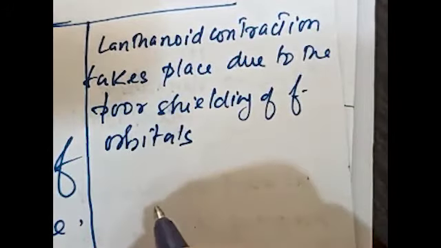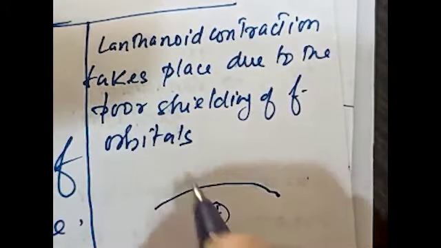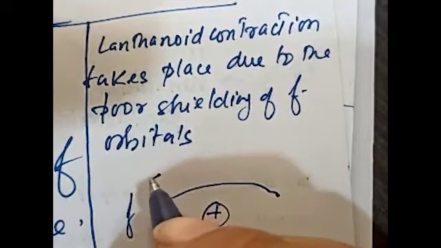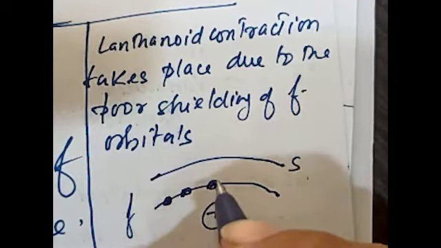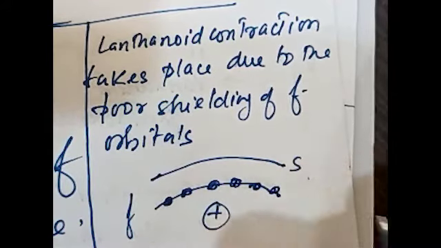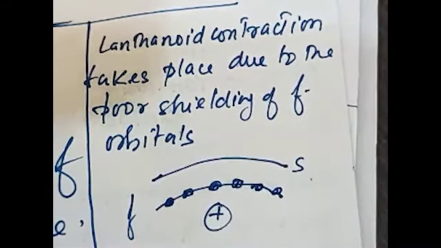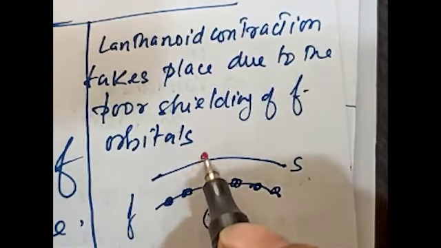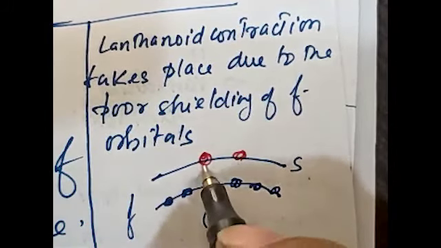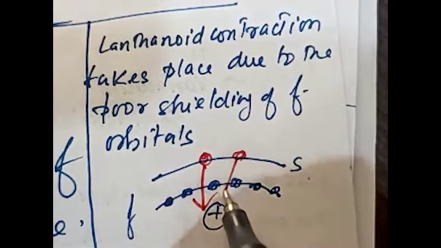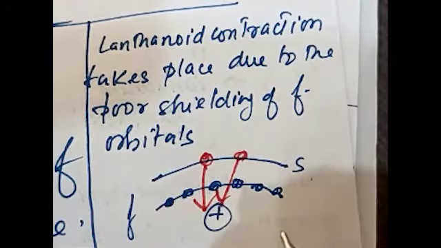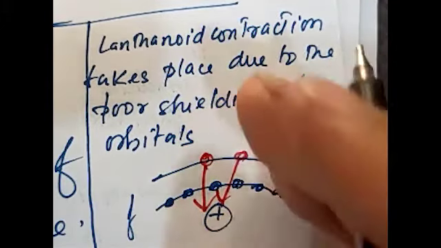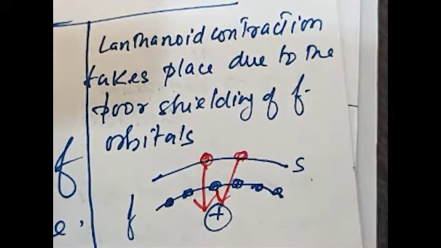Okay, so suppose there is a nucleus, there is the f orbital, and then there is the s orbital. There are electrons in the f orbitals, up to 14 electrons. In the s orbital there are, suppose, 2 electrons. Now these 2 electrons will go closer to the nucleus because the f electrons are not effective enough to push them outside, to shield them.